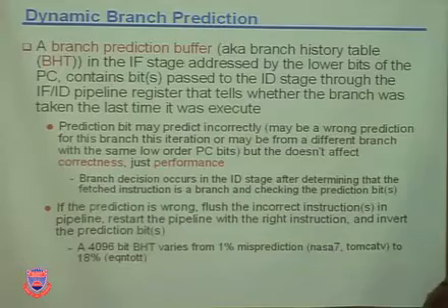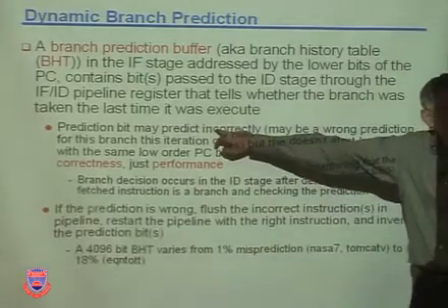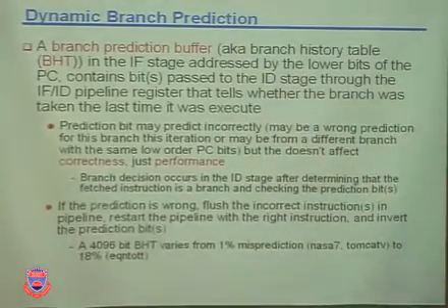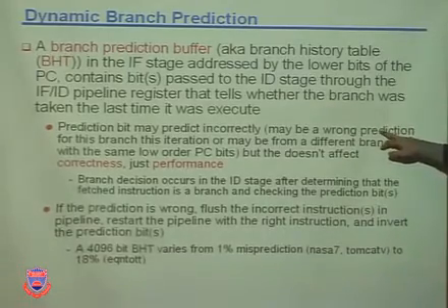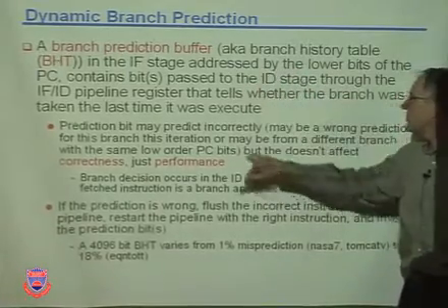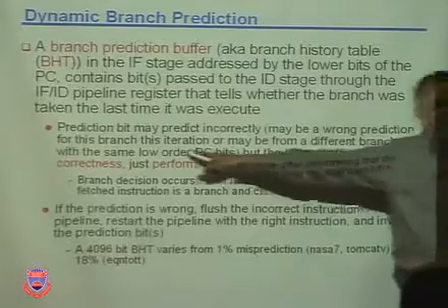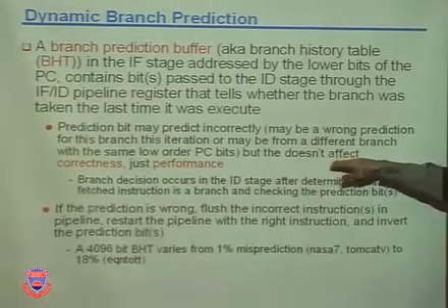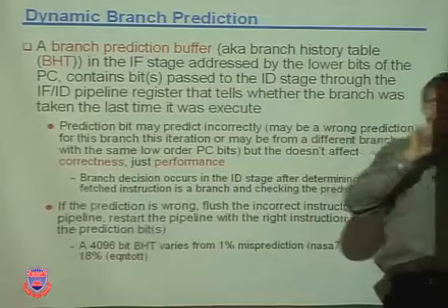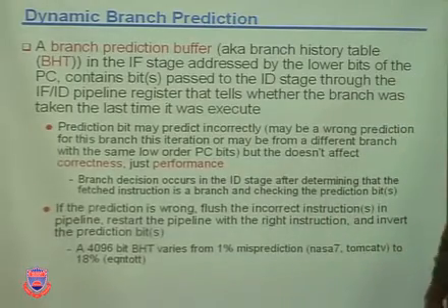Is it always perfect? No. We still might mispredict. When we mispredict, we're still going to have to flush, like we talked about. It might be a wrong prediction for this branch, or because it's just the lower bits, it might be from a different branch that has the same lower PC bits. But that doesn't affect the correctness of it. It just affects the performance. We'll have some drinking of tea while we flush the pipeline on the misses.